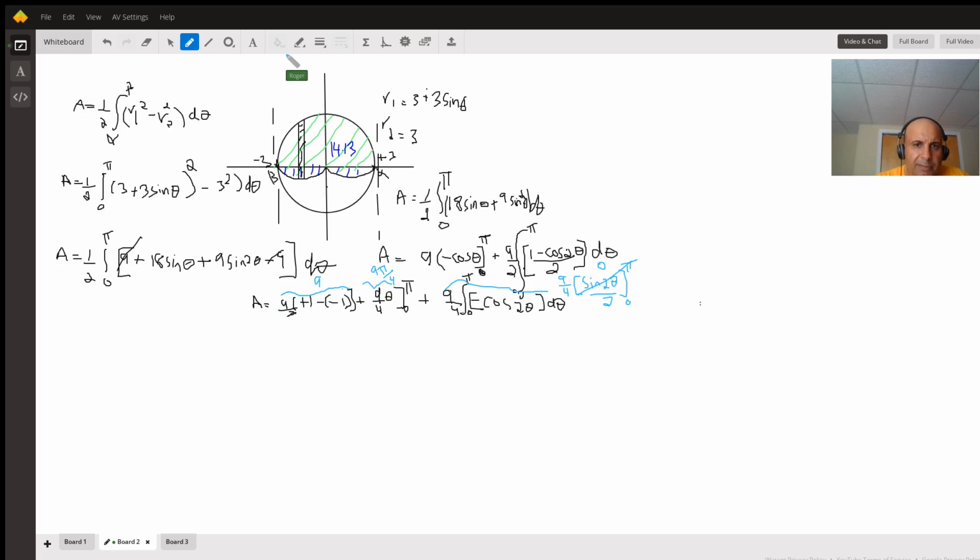So the area is equal to 9 plus 9 pi over 4.